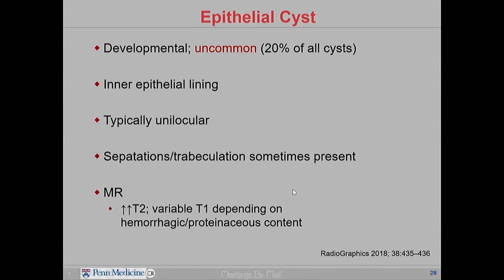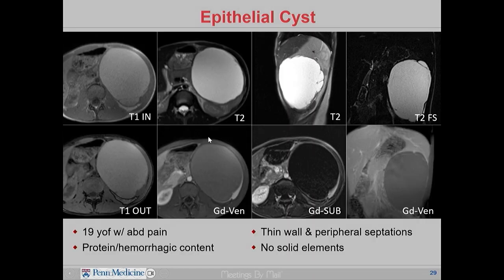On MRI, just like any cyst, they're usually going to be T2 bright, low T1 signal. This one is T2 bright, but also had high signal on T1, meaning that it had hemorrhagic or proteinaceous content. But on the digital subtraction, there's no enhancement. This was resected and revealed to be a true epithelial cyst.